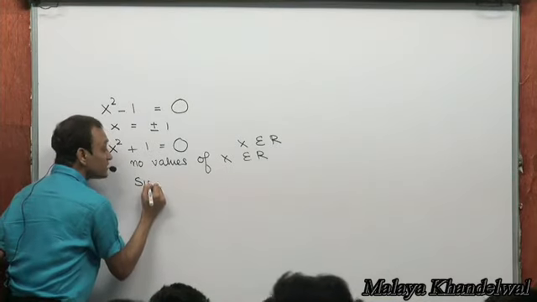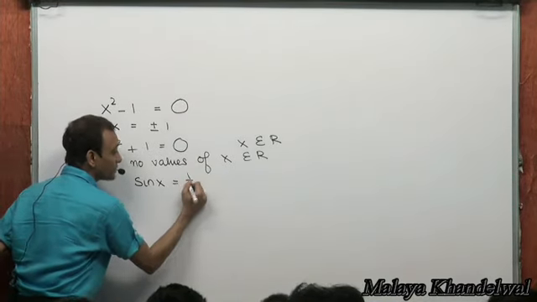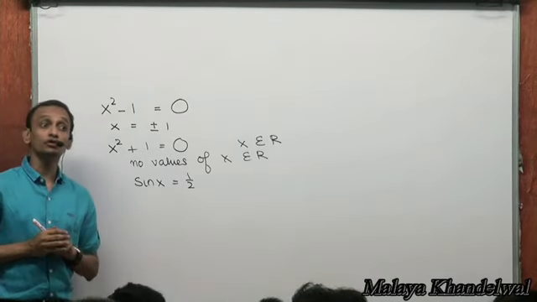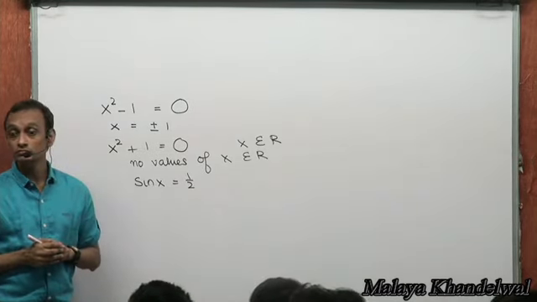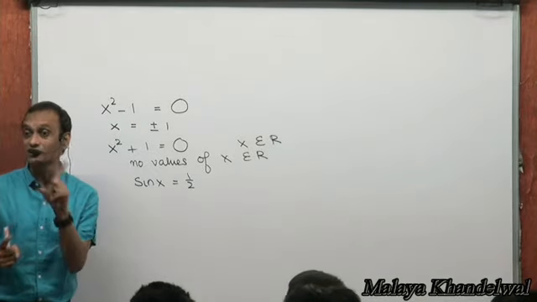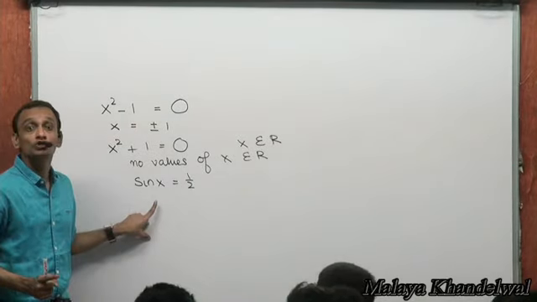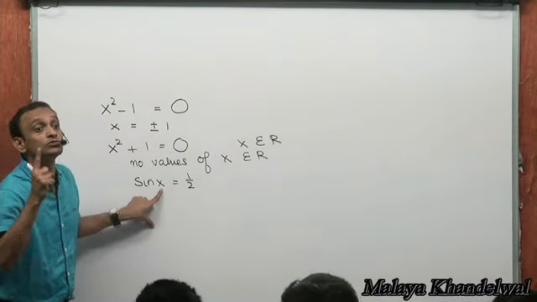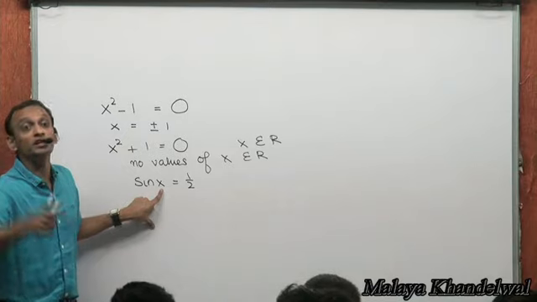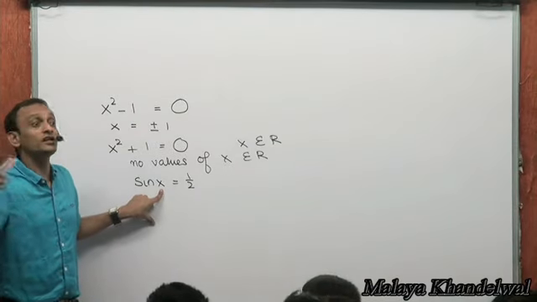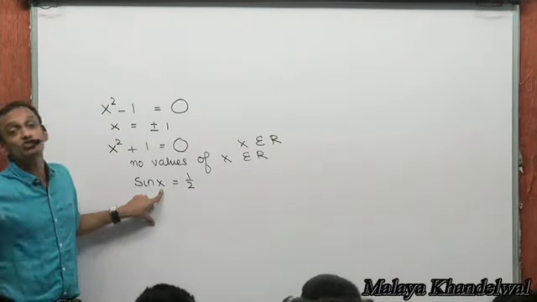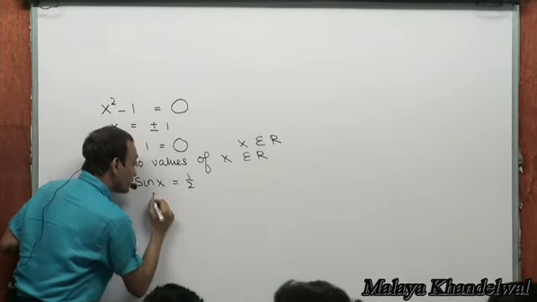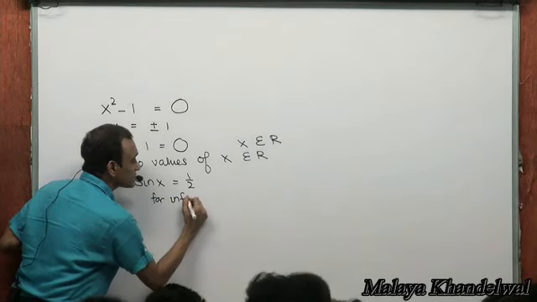If I have sin x equal to half, for example, how many values of x is it true for? Infinite values. If you have seen my class on trigonometry, this is true for infinite values of x. x equal to 30 degrees, 30 degrees plus 360 degrees, 30 degrees plus 720 degrees, and so on and so forth. You can go on forever. So this is true for infinite values of x.